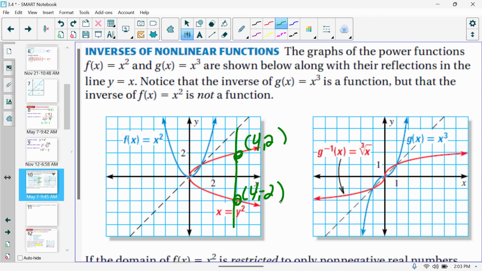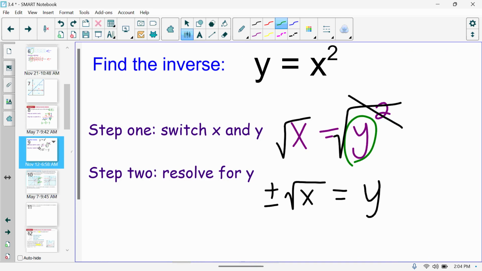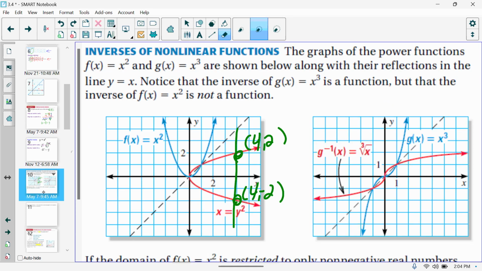That breaks the definition of a function. So because we want all of our inverses to be functions, sometimes we won't put the plus or minus anymore, because we're only going to look at this half of the graph right here. We want to get rid of the bottom half. That will make it a function if we only look at that half of the graph.